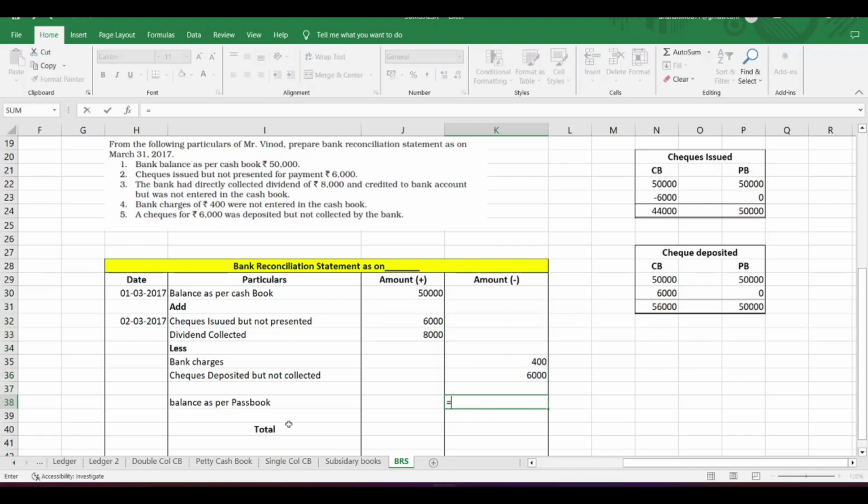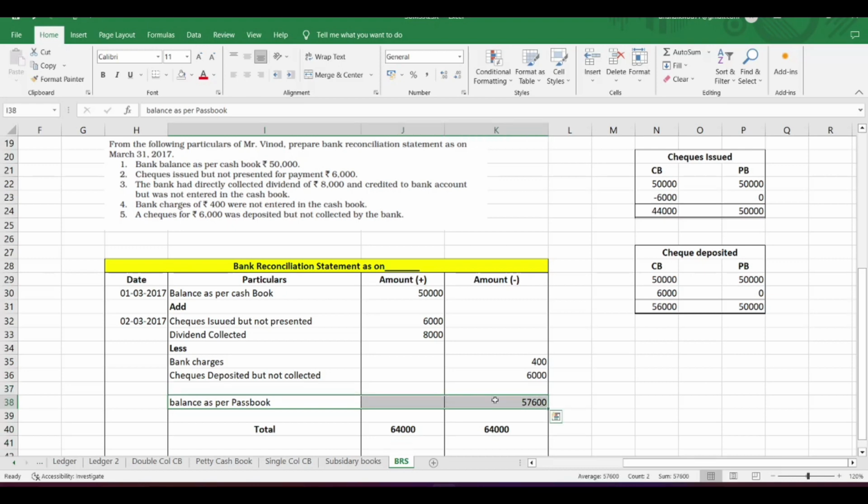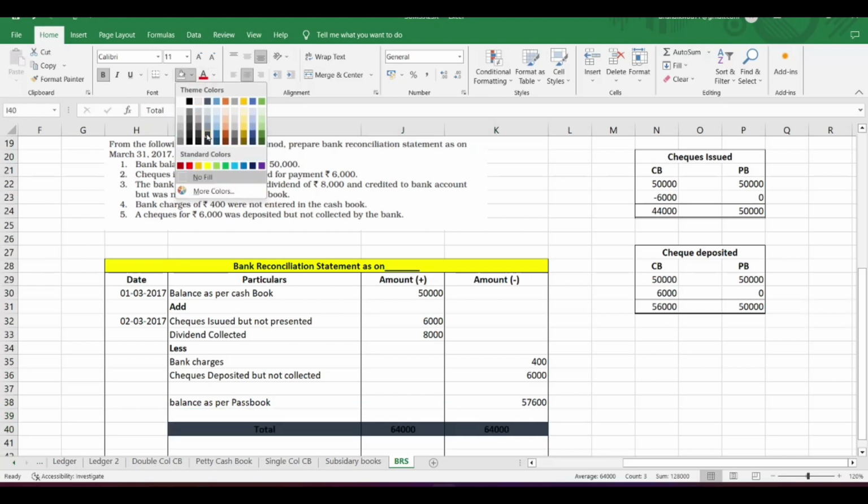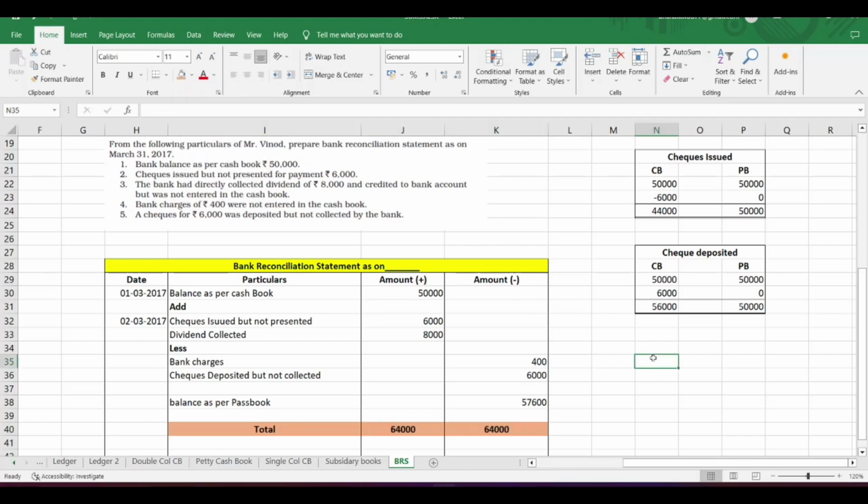So 64,000 minus 6,400 is 57,600, and both the accounts are tallied. So balance as per cash book is 57,600. It's a credit balance, so it will be a favorable balance, and the total is tallied for both, that is 64,000. So this is how we have to analyze the transaction and then record it in our bank reconciliation statement and rectify the balances and then tally both our books.